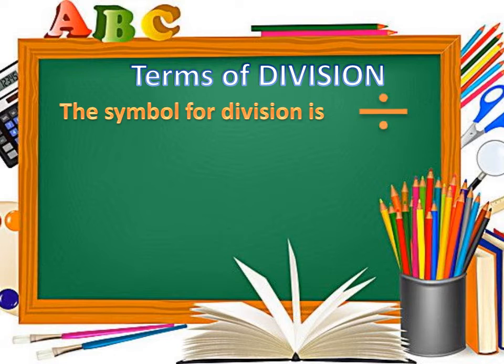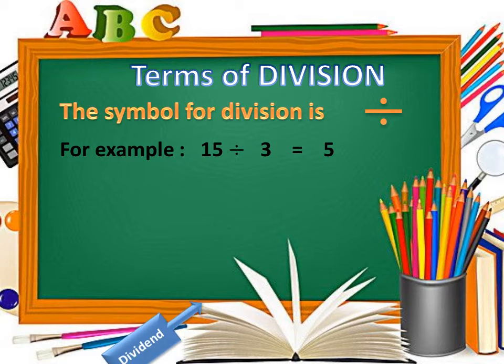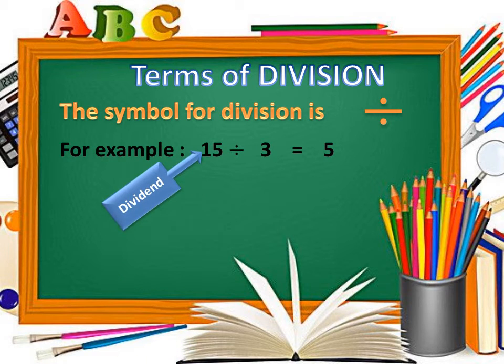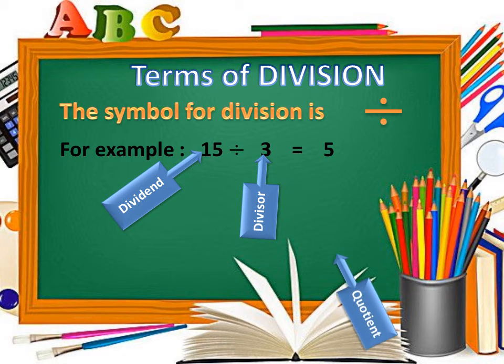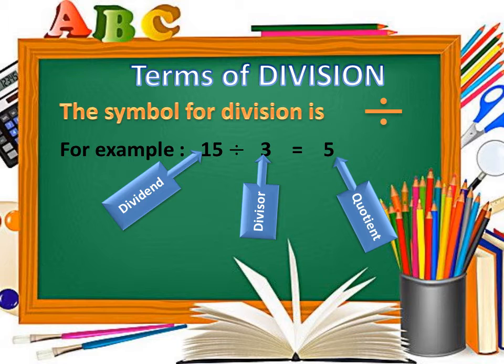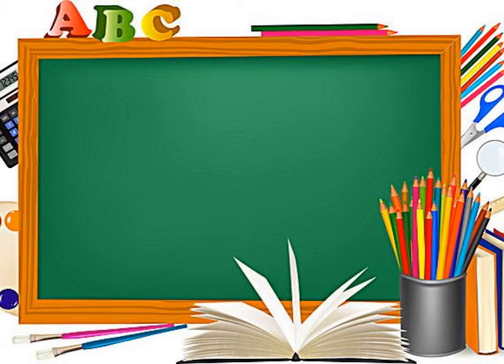For example, 15 divided by 3 equals 5. In this, 15 is said to be the dividend, 3 is said to be the divisor, and 5 is the quotient. Let me explain about the terms. Here is the division problem.